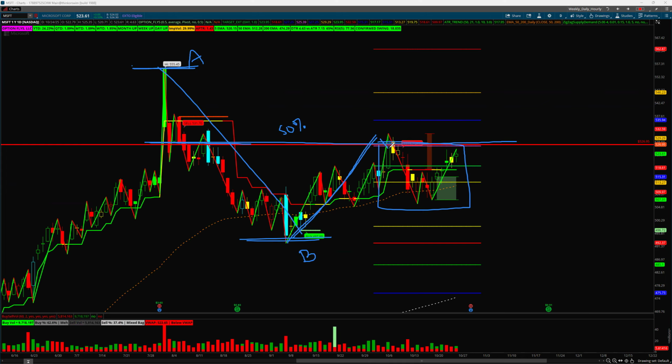Price can come back here, fine, but the point is that you're looking for a trade from a 50 to this 50. That's your trade.